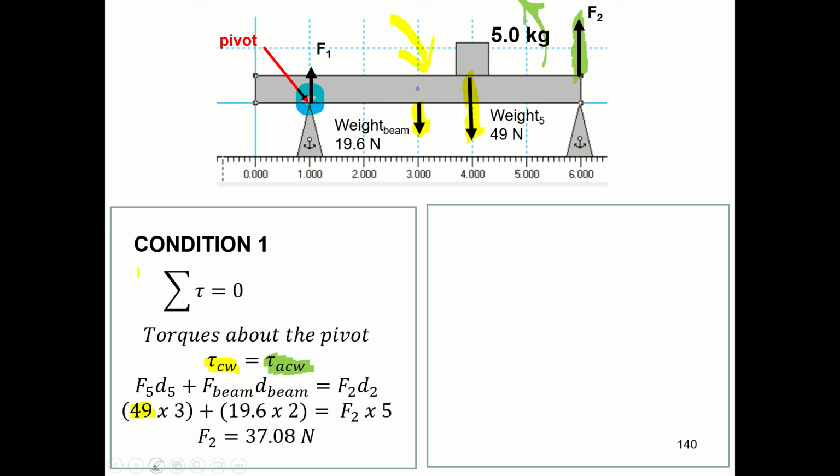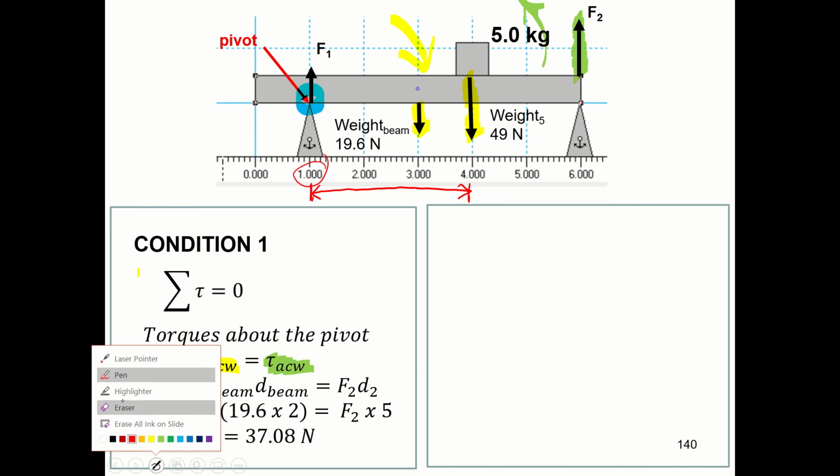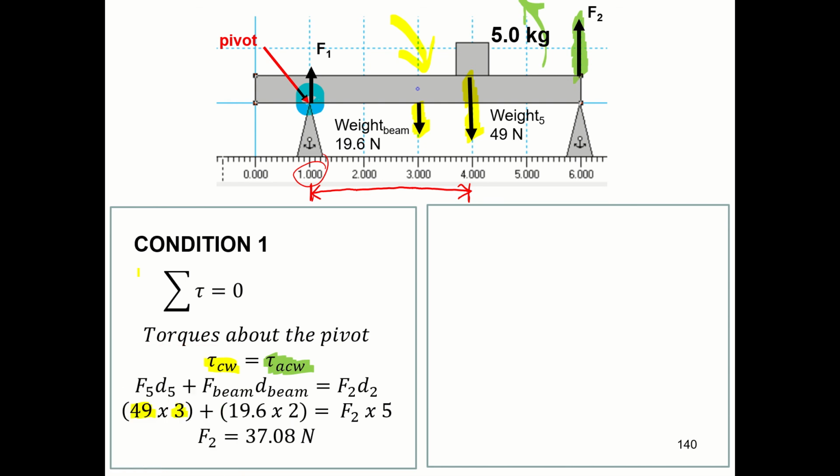Here I'm pointing out that distance: 1, 2, 3 meters away. See how they've been really sneaky, and they're actually measuring from 1 meter here. So it's the distance from the pivot, 1, 2, 3 meters from the pivot. That gives me my distance there.